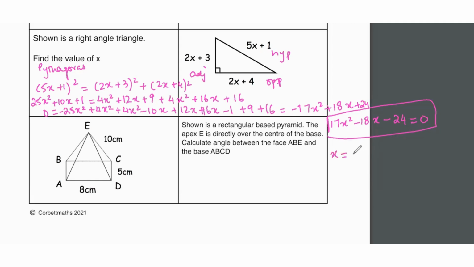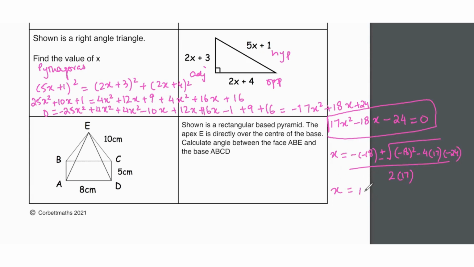It's going to be x equals minus negative 18 plus minus square root of negative 18 squared minus 4 times 17 times negative 24, over 2 times 17. The reason I'm using the quadratic formula is because firstly, the values are very big. And instead of wasting time in finding the factors, it's easy to just go for the quadratic formula and get our answer in less time.